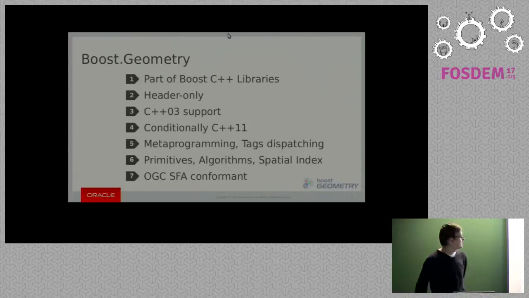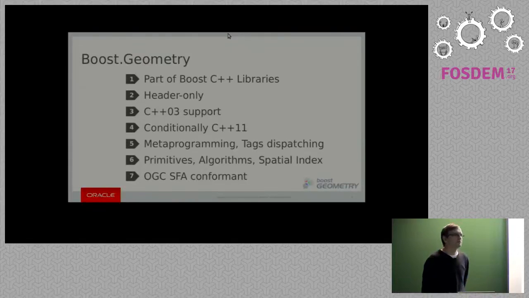Boost Geometry is a part of Boost C++ libraries. It's mostly written in C++03, but has conditionally enabled features if compilers allow it. And it heavily relies on metaprogramming and techniques such as tag dispatching. So it defines primitives, also implements them for users' convenience, and algorithms which can be used by the users.